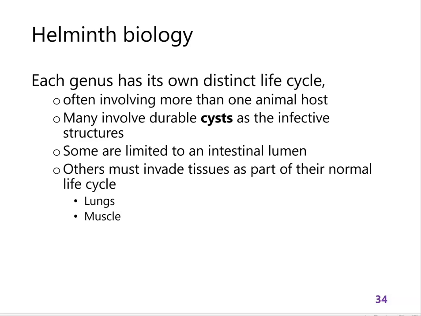Usually a helminth cyst will have within it multiple eggs or multiple juvenile worms that are waiting for the environment to improve. And so some helminths will be in this cyst form in the soil. Some of them will be in a cyst form in the tissue of an animal they infect. Other helminths don't make cysts.